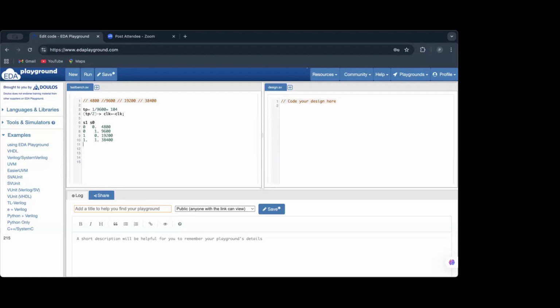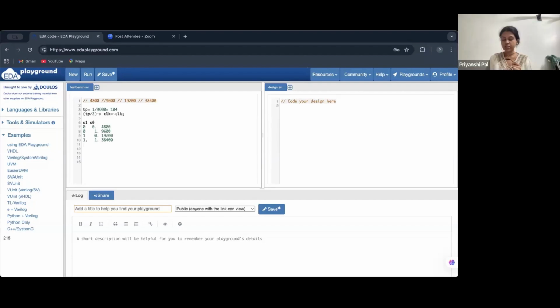So, what do you mean by SPI? SPI is Serial Peripheral Interface. It uses four select lines for the transmission. It has master and slave.